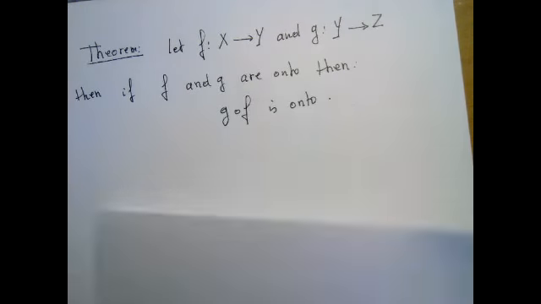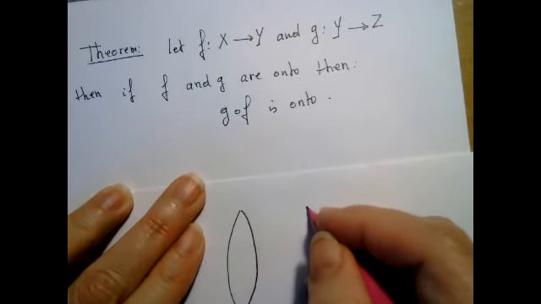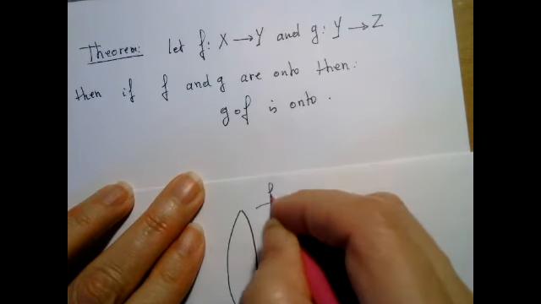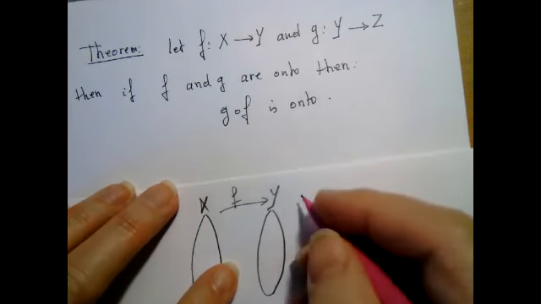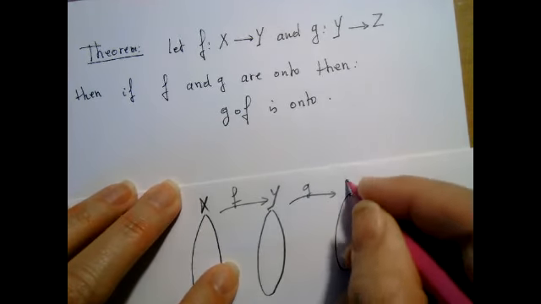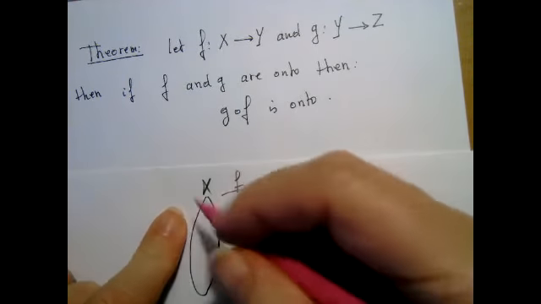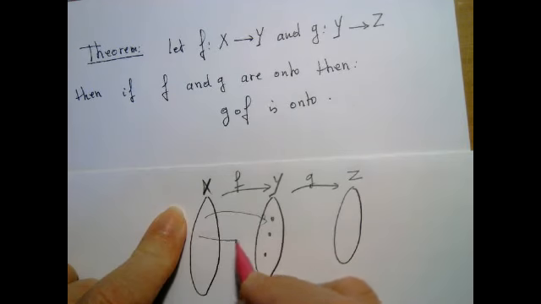Okay. So we have F here, and I have F from here to here, X, and this is my Y, and I have my G. F has the property that it is onto. It means anything here comes from somewhere.